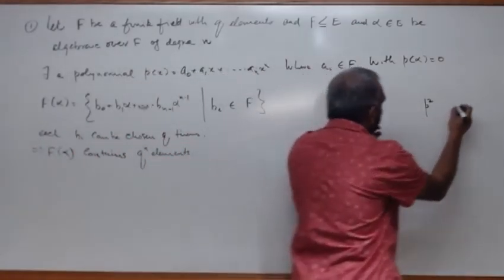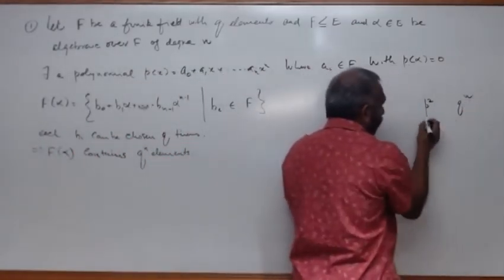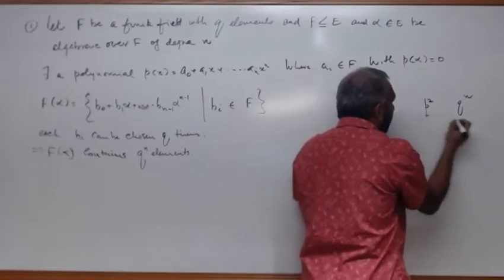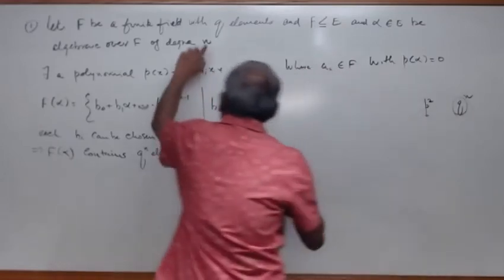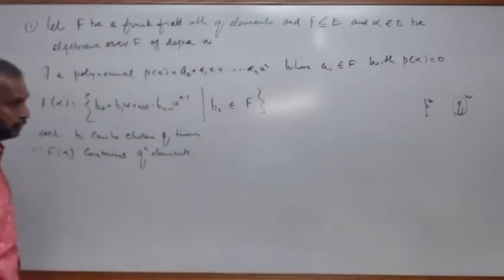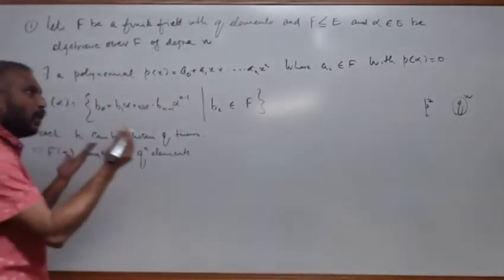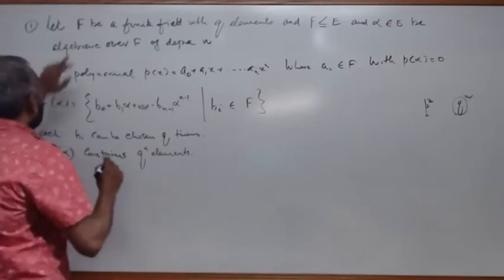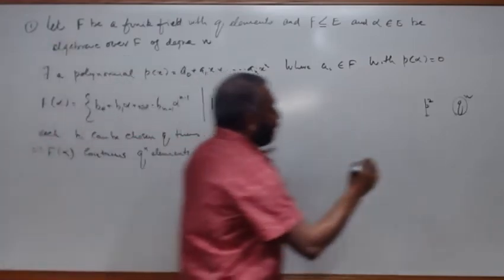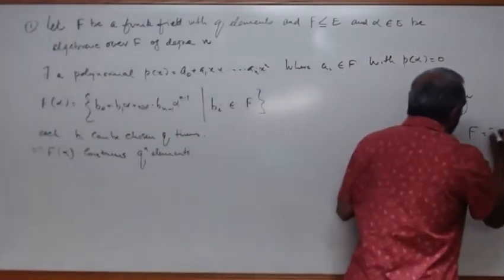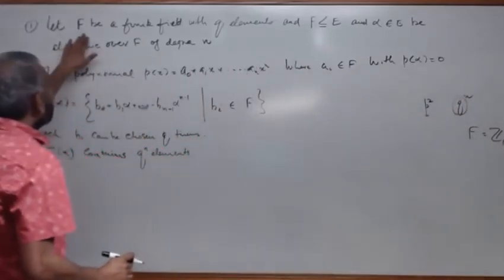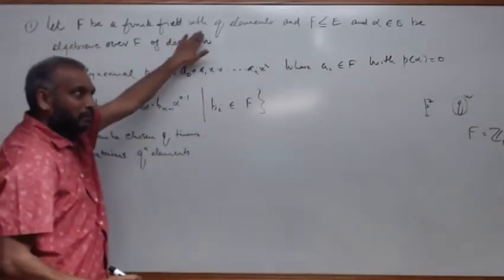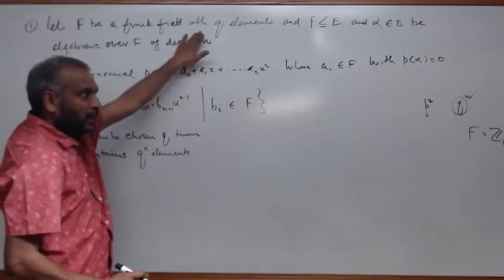This is of the form q to the power of n, where q is the number of elements in the base field. And that we already have, because if F is equal to Zp, then this F has p elements.